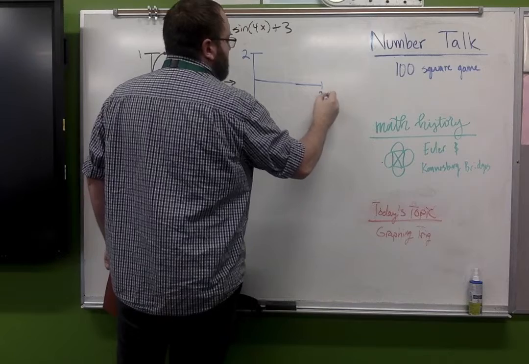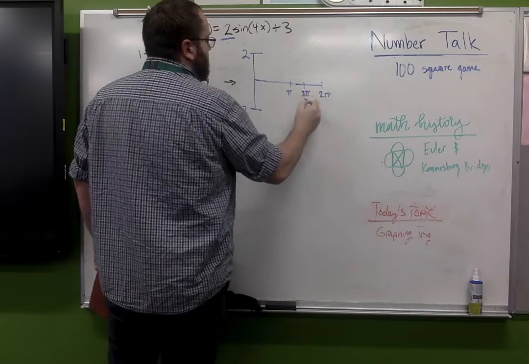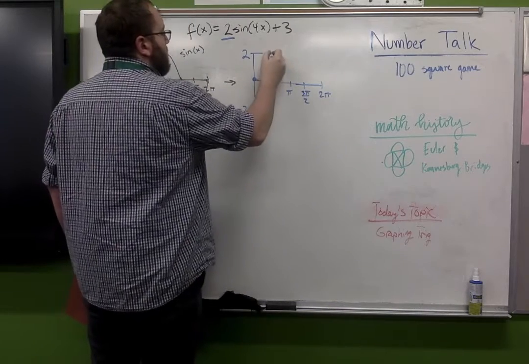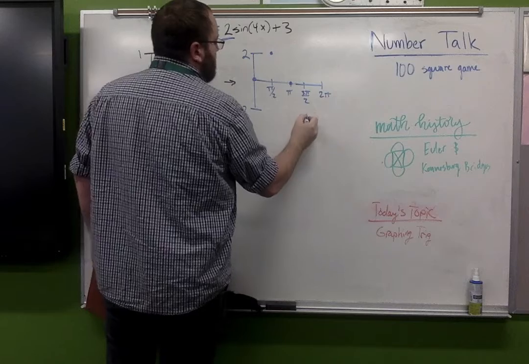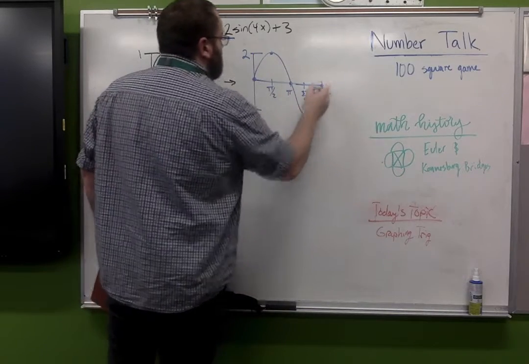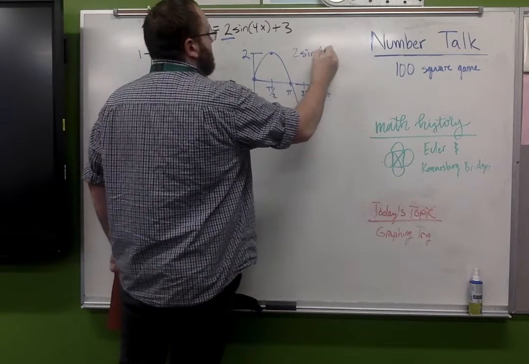But our angles have not changed. So we have 2 pi, pi, 3 pi over 2, pi over 2, and the values 0, 2, 0, -2, 0. So this graph right here is 2 sine of x.